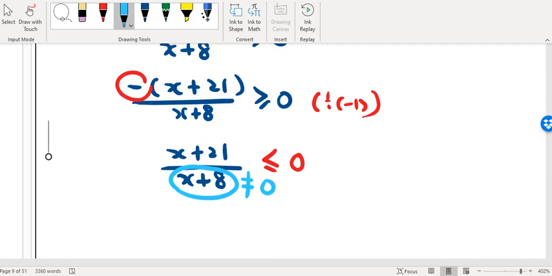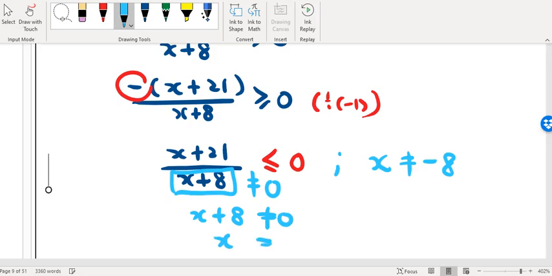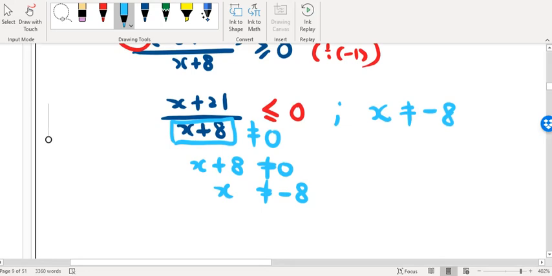In other words, for it to exist or apply, your x cannot be -8. How does this come in? It is from here, because you need to have x plus 8 not equal to 0, so x will be not equal to -8.